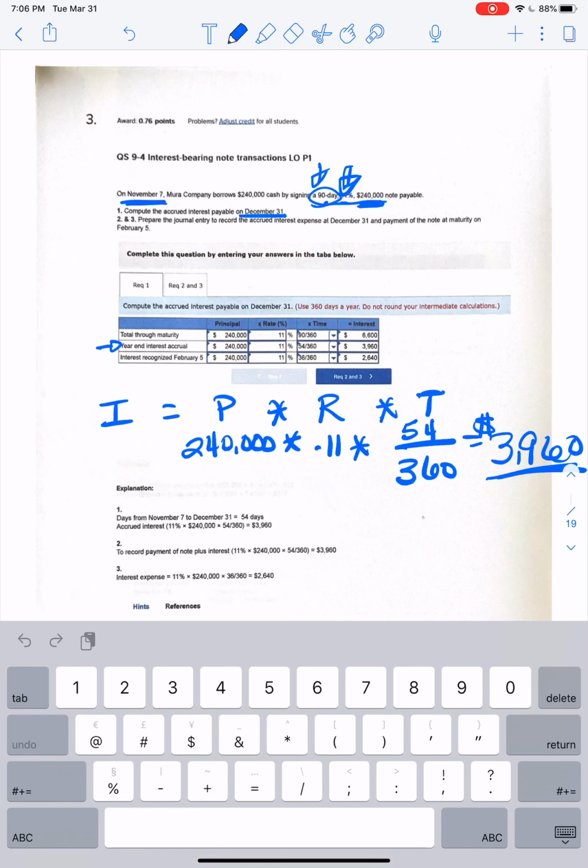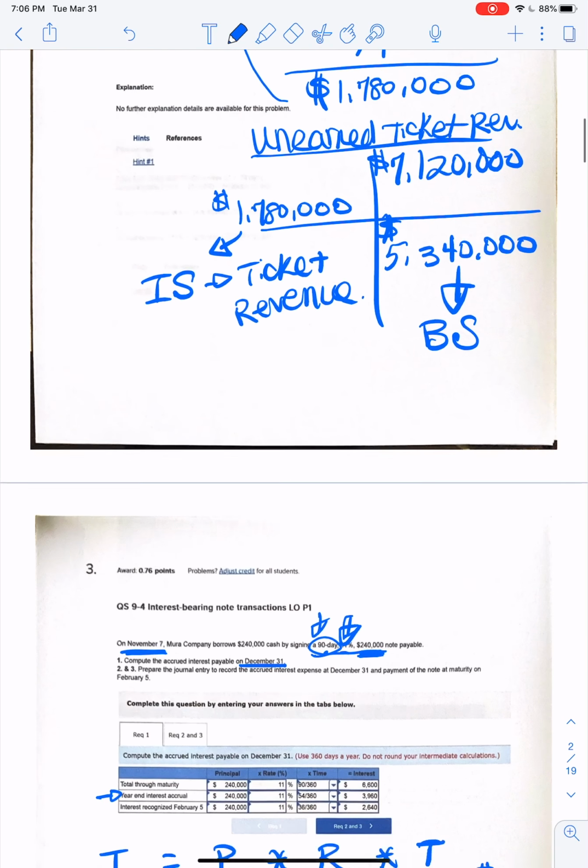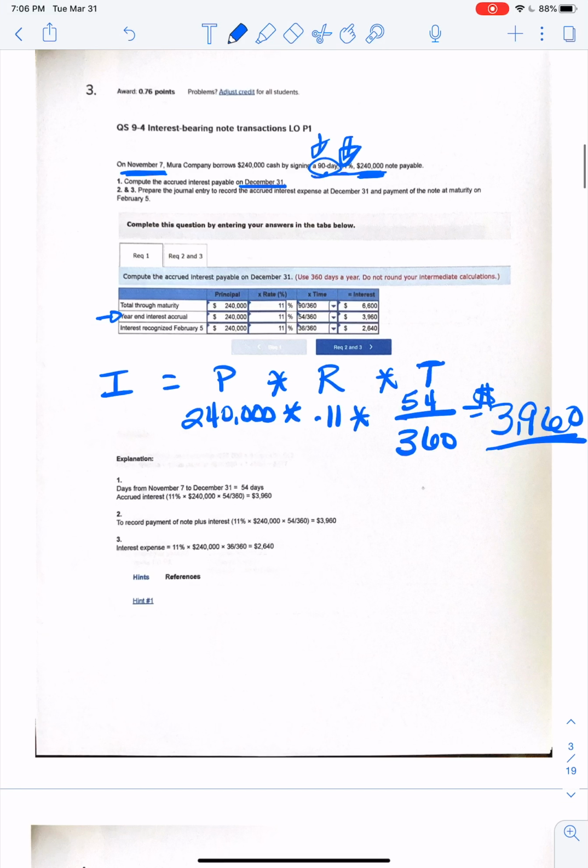So what about the rest of that interest? The rest of that interest is going to accrue between December the 31st and February the 5th. The rest of that interest will be calculated as $240,000 times 11% times 36 over 360.